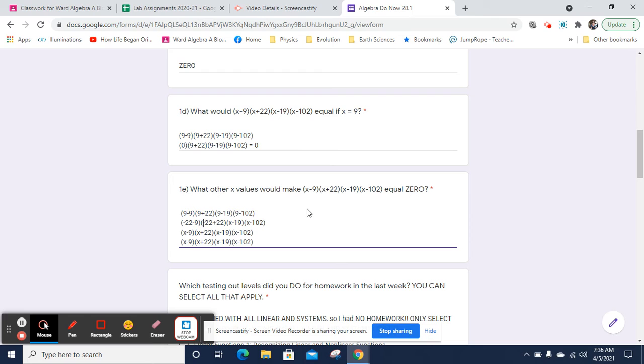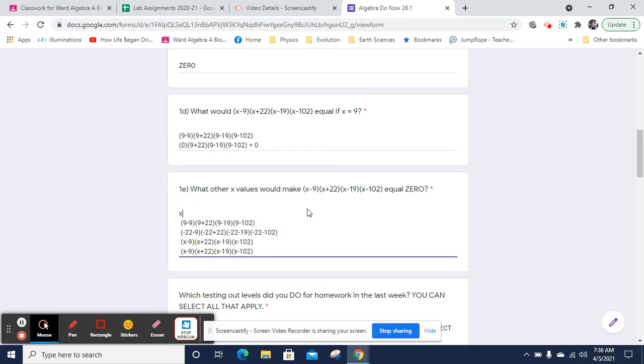So it doesn't matter what all these other things are. You don't even have to bother calculating them because once this right here is equal to 0, the whole thing is 0. So I'm going to put up at the top x can be negative 22.